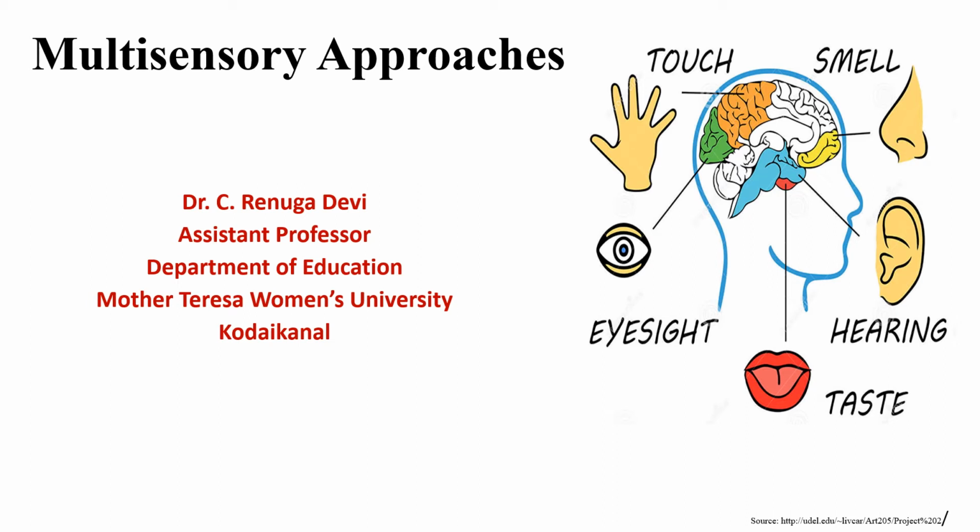This is video number 2, which focuses upon the multisensory approaches of teaching children with intellectual disability. So multisensory, you all know, is when more than 2 senses are used to teach children with intellectual disability.